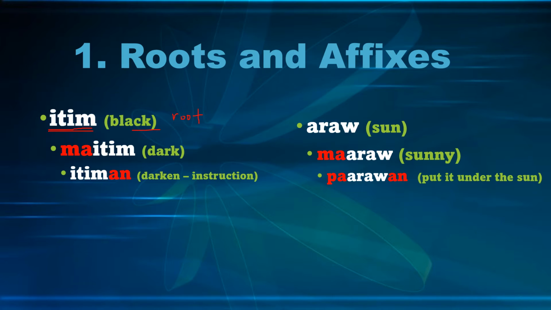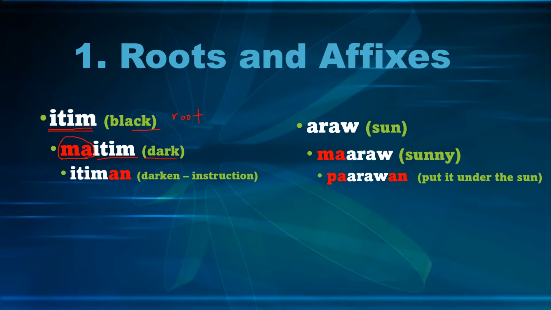We have here maitim, which means dark. This ma is an example of an affix. The root word has been added with the affix ma, and the meaning changes into dark.